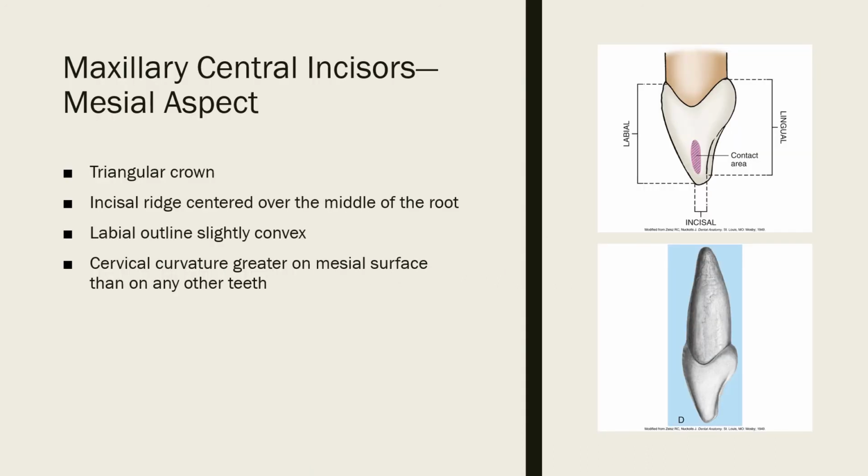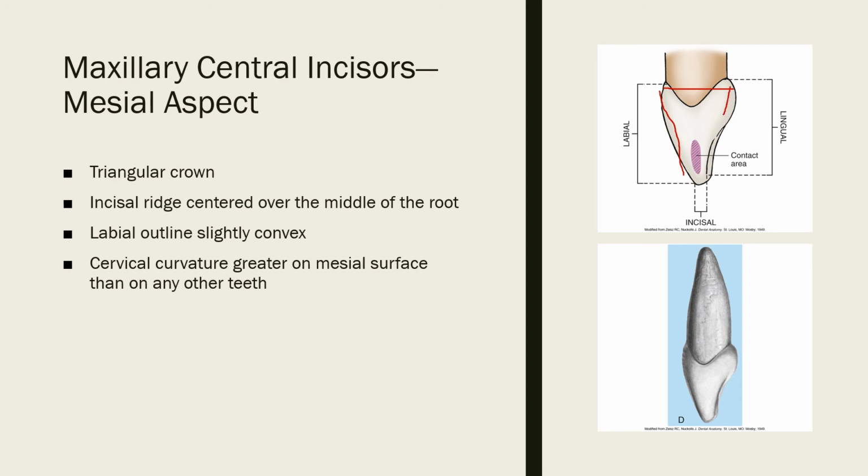Maxillary central incisors, the mesial aspect, you're going to see more of a triangular crown. The incisal ridge is centered over the middle part of the root, so it's kind of balanced. Here's our triangle. Try and draw it here. Okay.